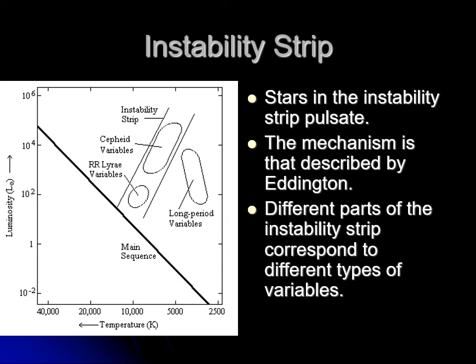So this is what we call the instability strip. And Polaris just happens to be right on the very edge of the instability strip, and it's probably, as it's dying, moving off of the instability strip. And so that's why it's gradually changing.